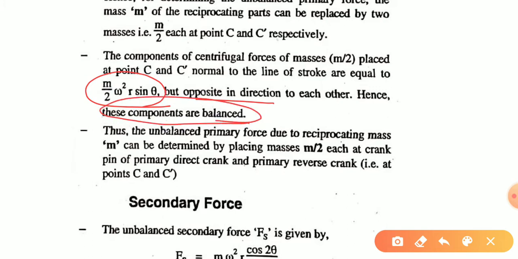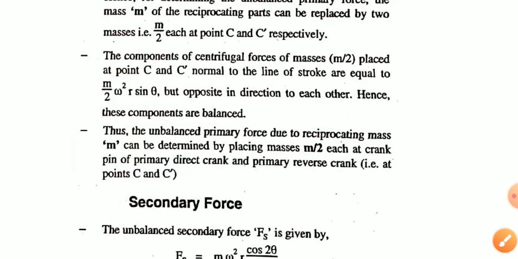So there will be no other unbalanced effect. The unbalanced primary force due to reciprocating mass can be determined by placing masses m by 2 each at the crank pin, that is the primary direct crank, and at C dash, the primary reverse crank.